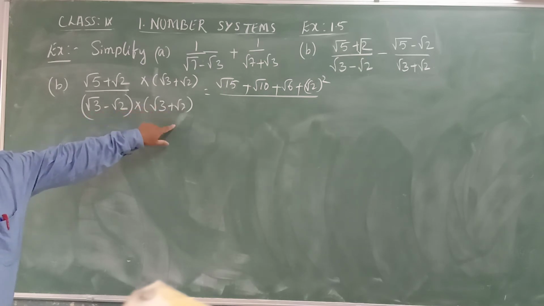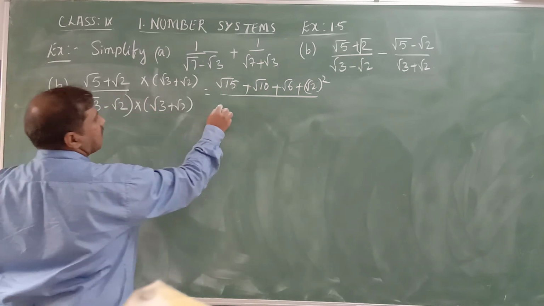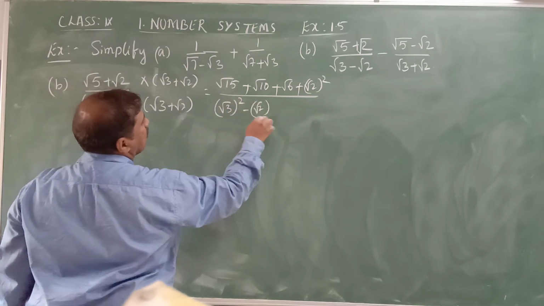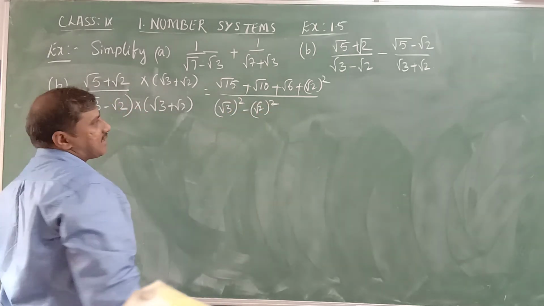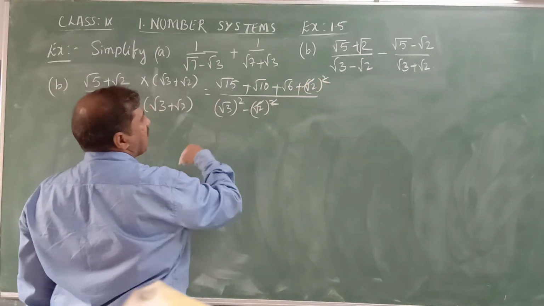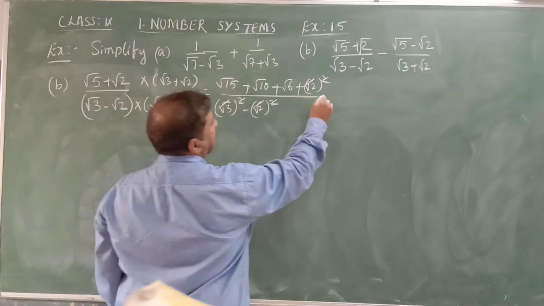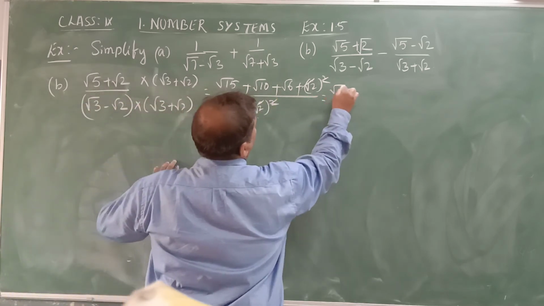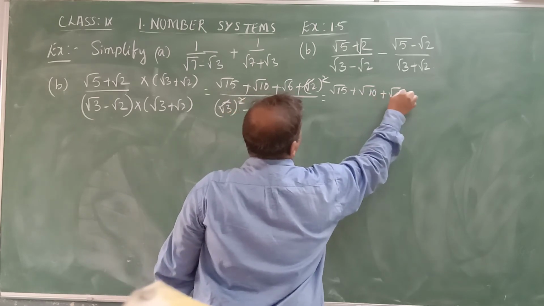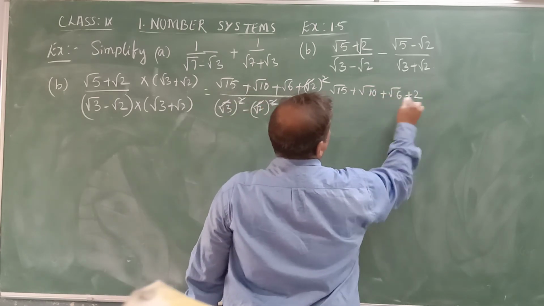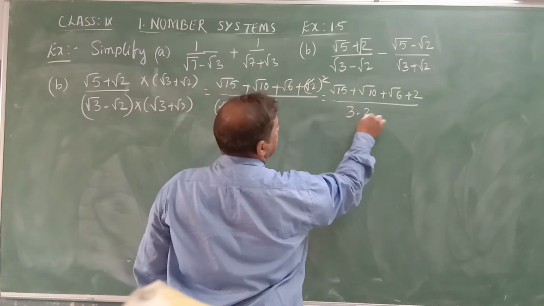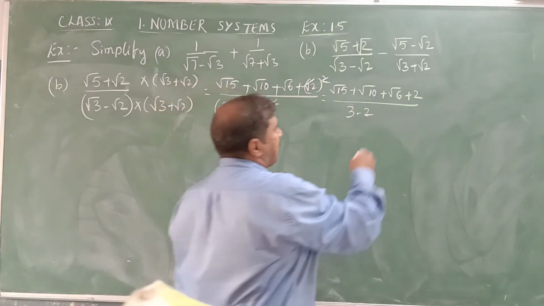divided by the denominator, a minus b into a plus b, a square minus b square, that is root 3 whole square minus root 2 whole square. Now simplify this. Here square and square root are cancelled in each. Now what we get? It is root 15 plus root 10 plus root 6 plus 2 divided by 3 minus 2. 3 minus 2 gives 1.